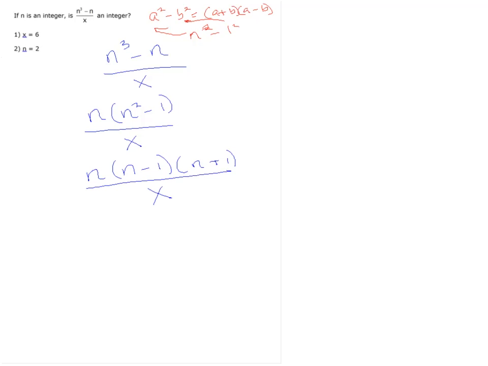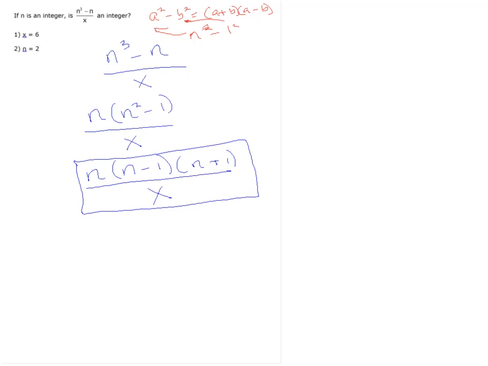And we're asking ourselves, is this an integer here? Okay, so again, as Jeff told you, it's really important that you perform as many operations as you possibly can on the given information in data sufficiency, because quite often, working the information given in the stem, the stimulus, is just as important as working on the statements.